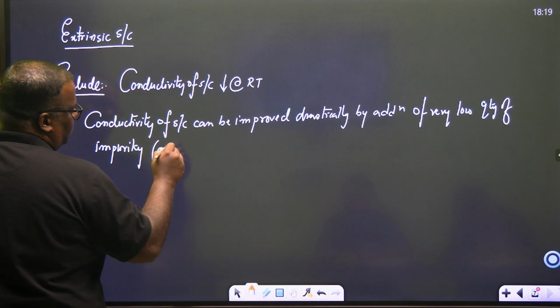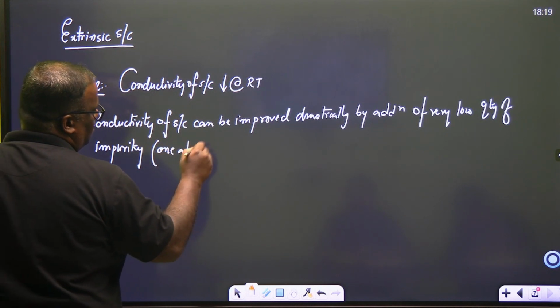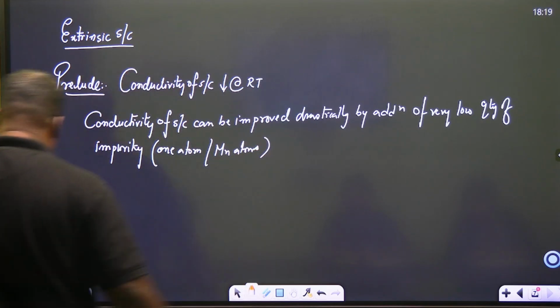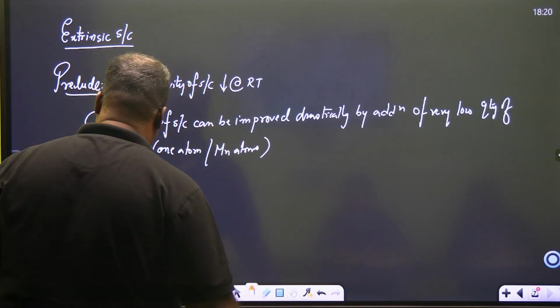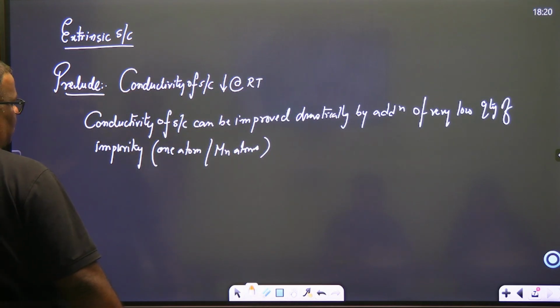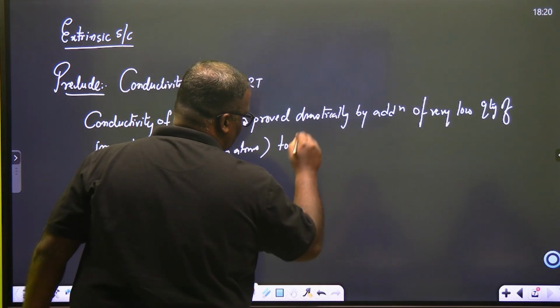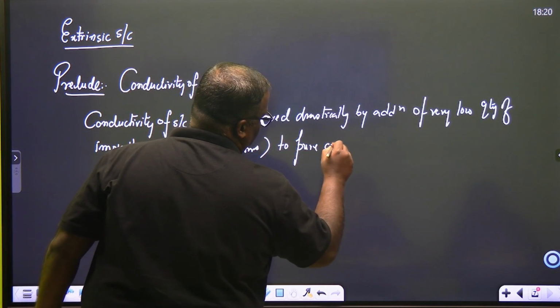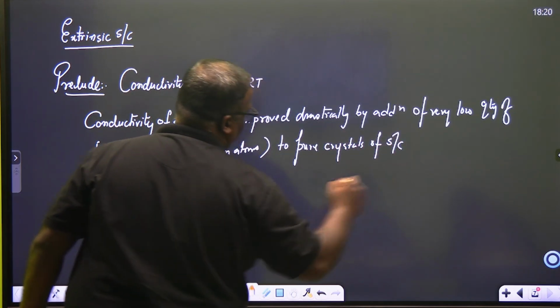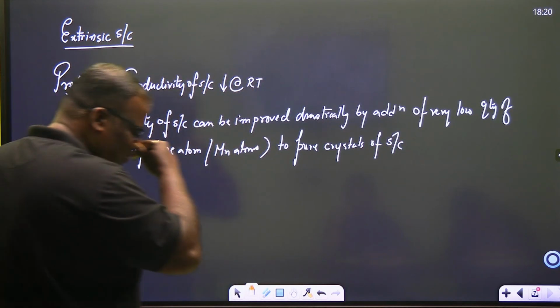One atom per million atoms, take this much, to pure crystals of semiconductor. Did you understand now?